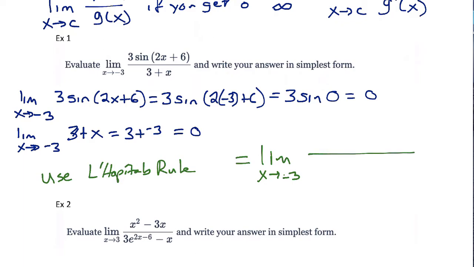The derivative of the numerator is a process of using the chain rule. So we leave the 3 alone, differentiate the sine into cosine, leave the 2x plus 6 alone, and then differentiate the 2x plus 6, which is just 2. So that's the chain rule. And then if we take the derivative of the denominator, we just get 1.